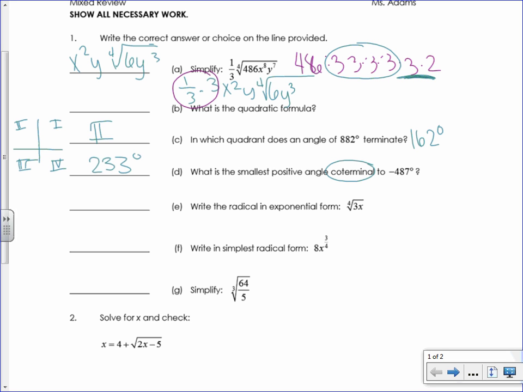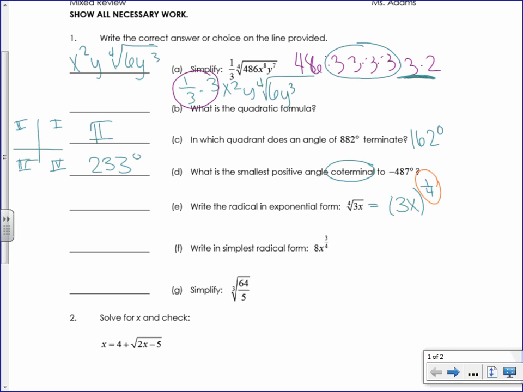Write the radical in exponential form. Radicals are fractional exponents. So since this is the 4th root, this is the same thing as if 3x was raised to the 1/4 power. Okay, I talked about this. Remember, if you take a fractional exponent and you knock it over, that's how you get this radical.